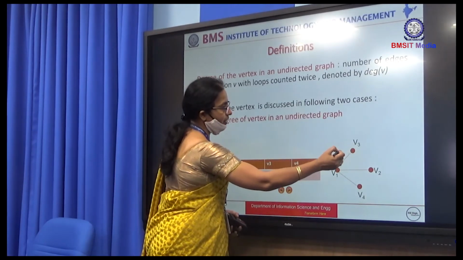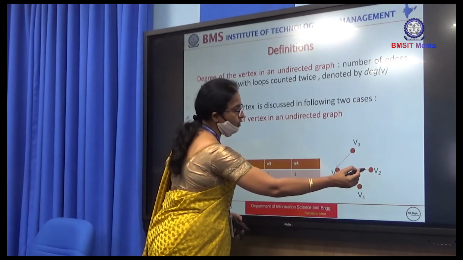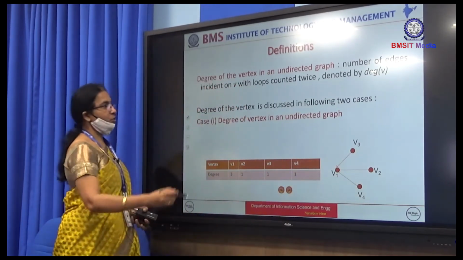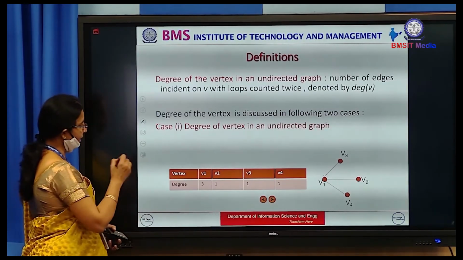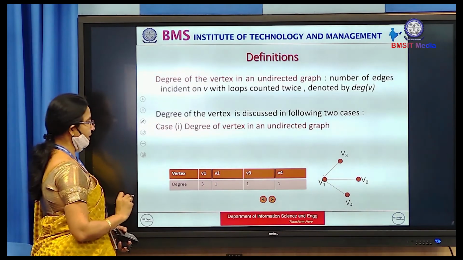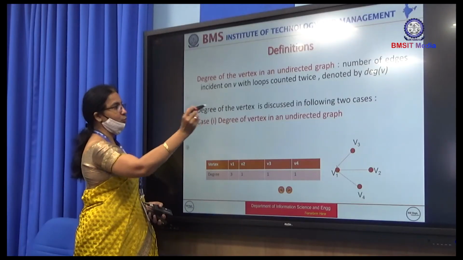The degree of V3 is equal to 1, the degree of V2 is equal to 1, the degree of V4 is equal to 1. Since here we have considered an undirected graph, there is no in degree and out degree. We need to just consider all the edges that are incident at that vertex. The degree of a vertex is discussed in two cases.